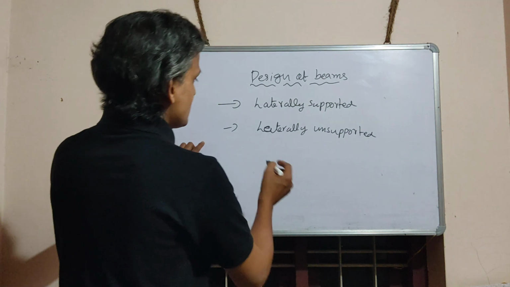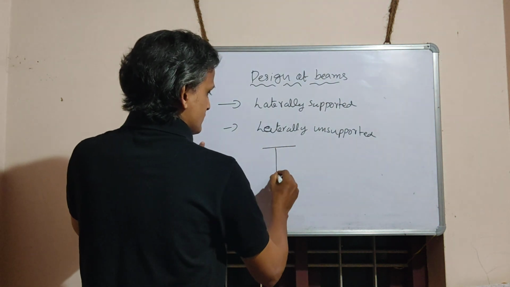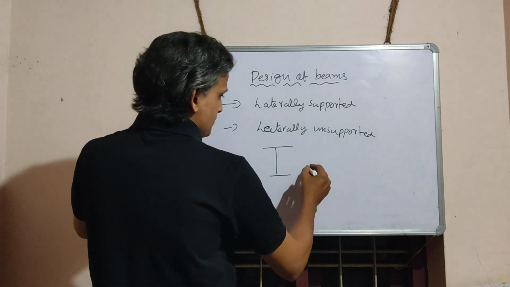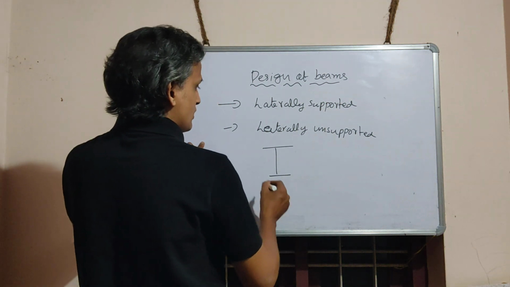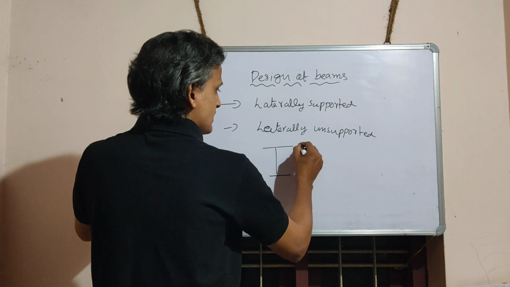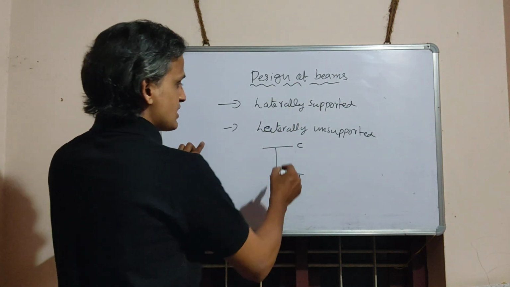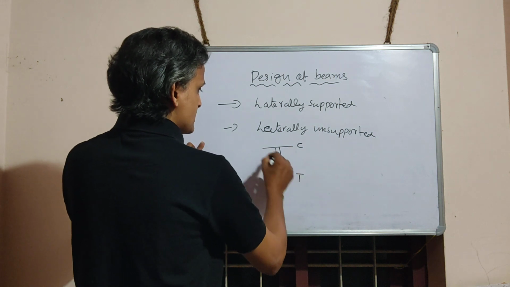Now, consider an I section. If the beam is a sagging member, then the top flange is the compression flange, and the bottom one is tension. In between there is a web.